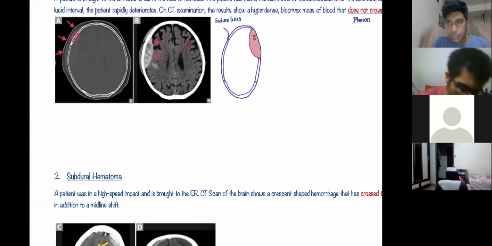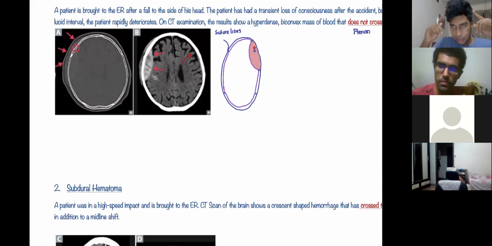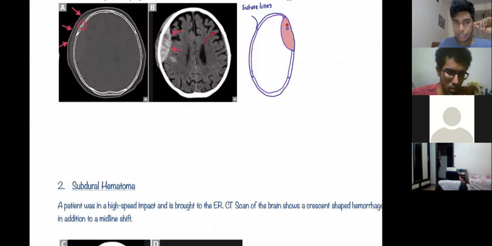Suture is basically the connection between the bone. What is the connecting substance between two bones called? It's basically the ligaments.